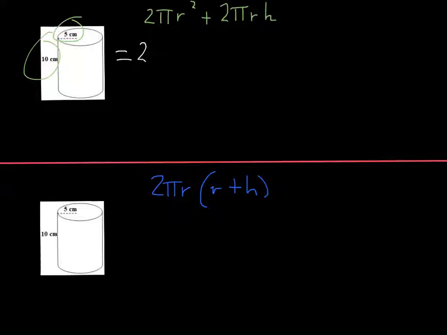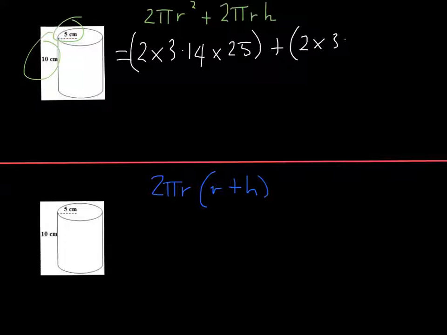So 2 times pi of 3.14 times 5 squared, which is 25, plus 2 times 3.14 times the radius, 5, times the height, 10.